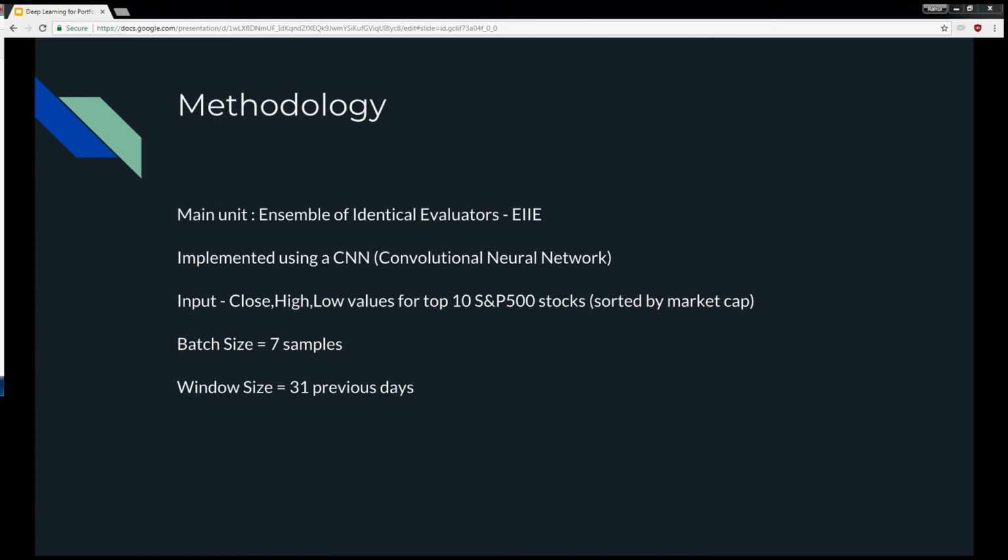The input for this model was the close, high and low values from our data, for the top 10 stocks selected by dollar volume traded in the S&P 500 data set. The batch size for this model was 7 samples, and the window size was 31 previous days.